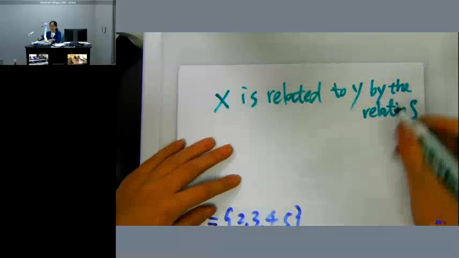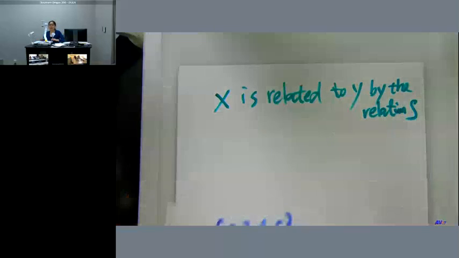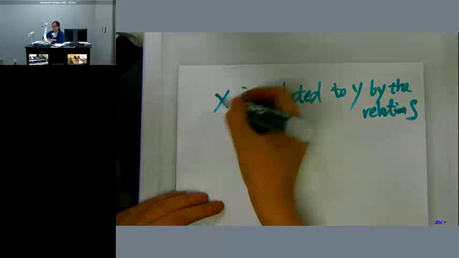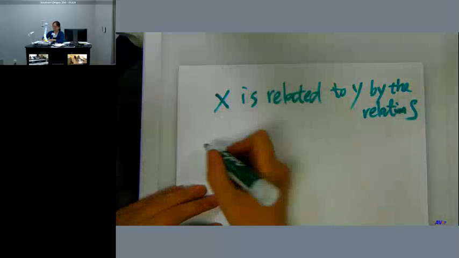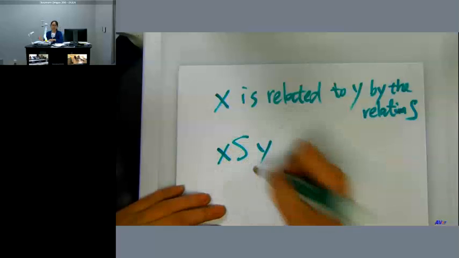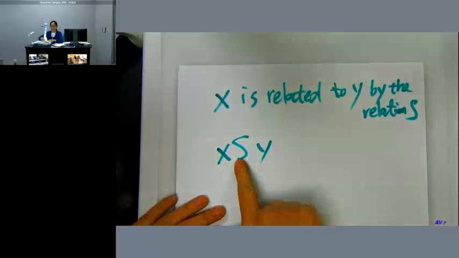By relation s. That's the long English sentence, right? So in math, we like to simplify the writing. So this is how we write it in math. So we put x related to y by relation s.